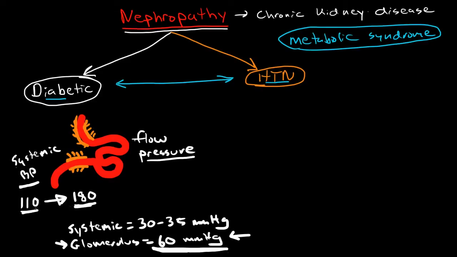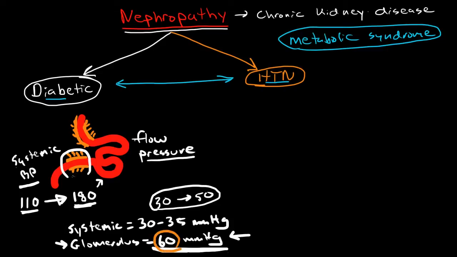Now, in our systemic capillaries, there is going to be a corresponding swing in pressure from the normal of 30 up to maybe 50. But in the glomerulus, because we have this exquisite control and we have already high pressures, if we raise them much more, we are going to be putting our capillaries at risk.